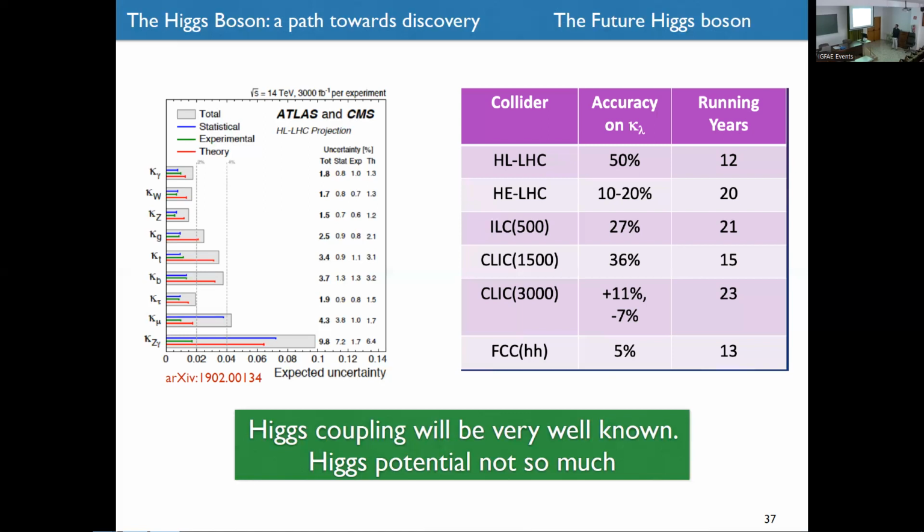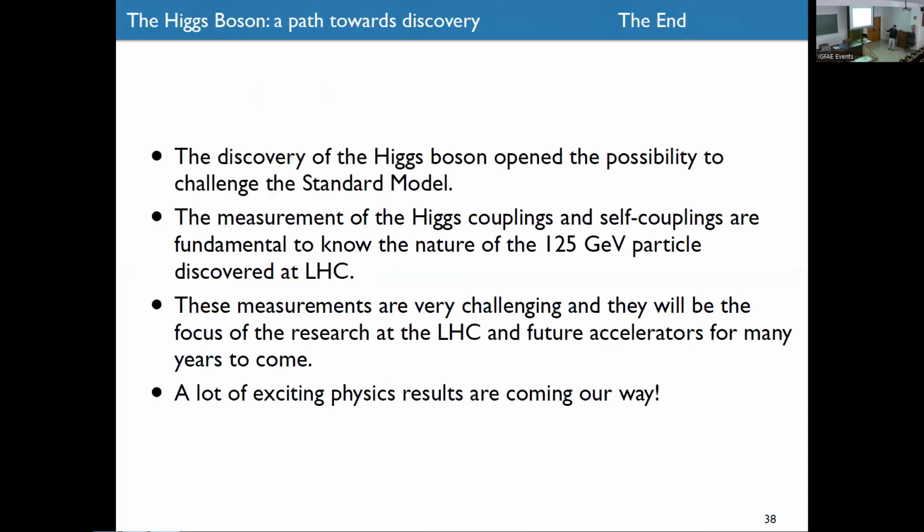So this is where we are now. The discovery of the Higgs opened the possibility to challenge the standard model, our understanding of nature, and this measurement of the properties of the Higgs boson can tell us something about the physics. But of course, we are talking about very challenging new physics. I talked here mostly about experiments, but from the theoretical point of view, all the predictions become extremely challenging the more you want to go into precision.